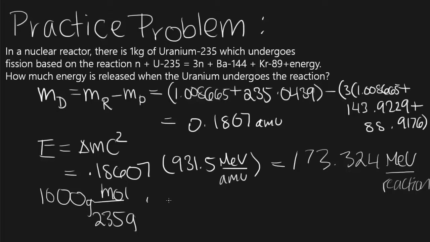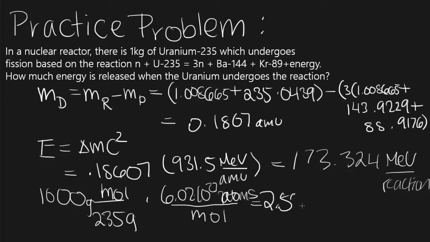We know that according to Avogadro's constant, there are 6.02 times 10 to the 23 particles or atoms per mole. So this tells us that there are in the reactor 2.5617 times 10 to the 24 uranium-235 atoms.